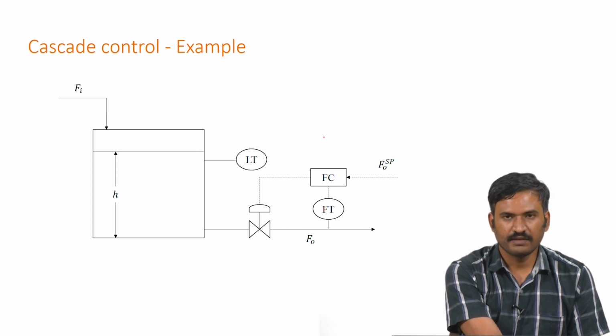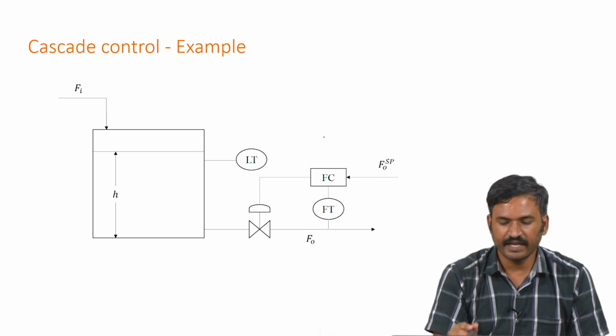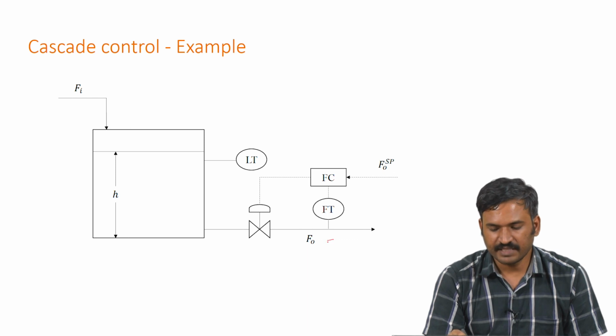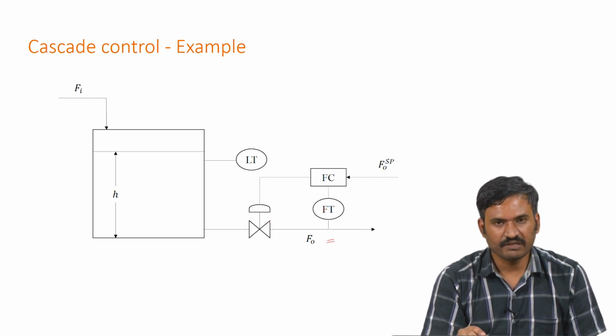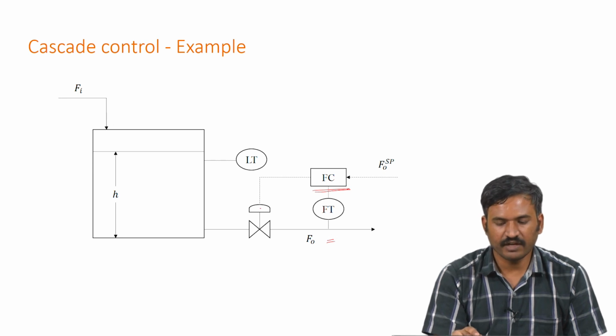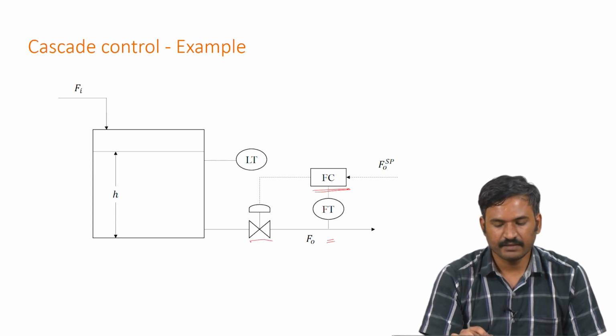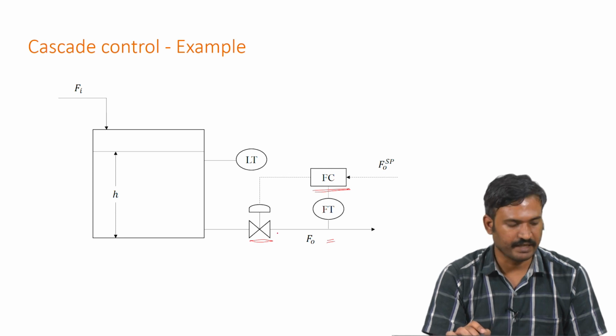Now, the first case where only the flow transmitter of the tank system is used to control the flow controller looks like this. So, the flow transmitter gives the measurement to a flow controller here, and with respect to the flow set point, this flow controller will manipulate the control valve given here.